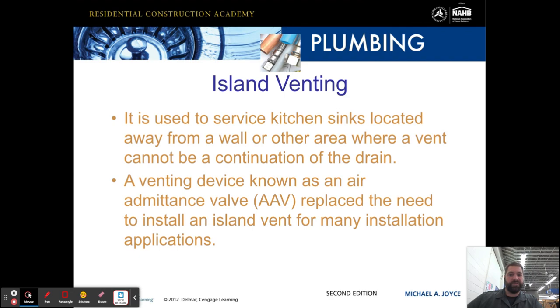Island venting. It's used to service kitchen sinks located away from a wall or other area where a vent cannot be a continuation of the drain. A venting device known as an air admittance valve is placed in the need to install an island vent for many installation applications. We don't have this in lab, but you'll see this sometimes too, not just in kitchens, but in areas of buildings where it would be almost impossible to connect to the vent system.